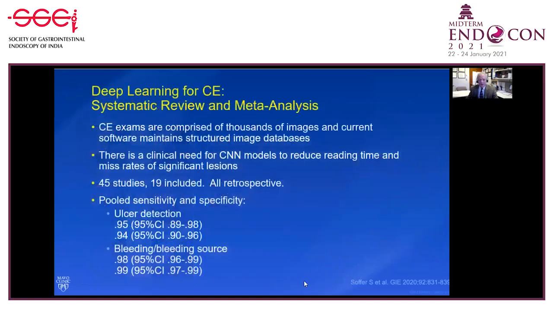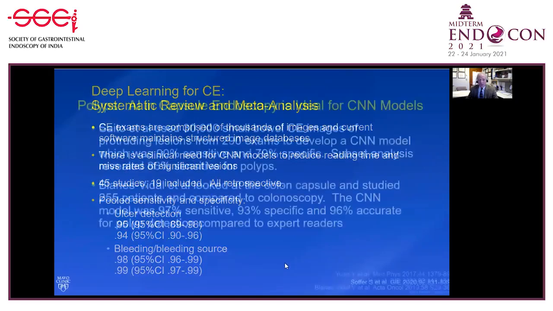And in this very nice systematic review and meta-analysis of 45 studies, you can see that ulcer detection was very good, as was bleeding detection. And the importance of this is that these models can reduce reading time and miss rates for significant lesions.